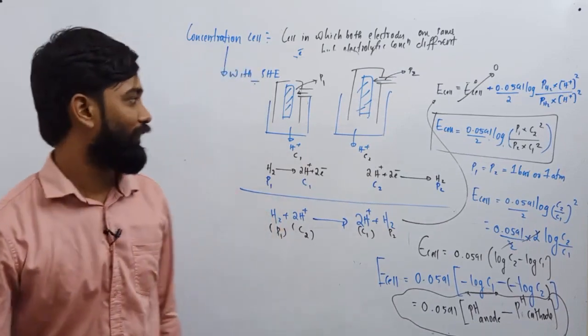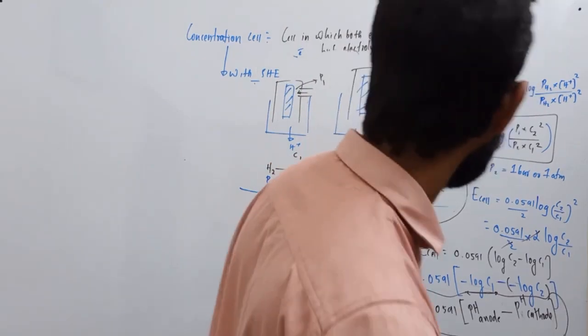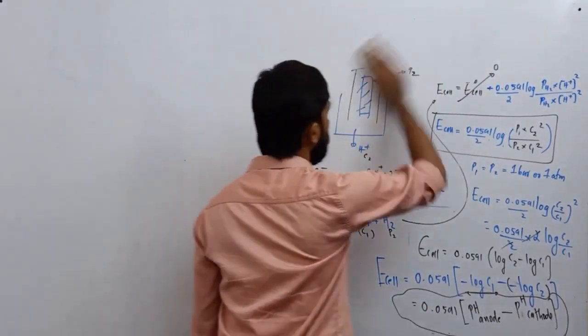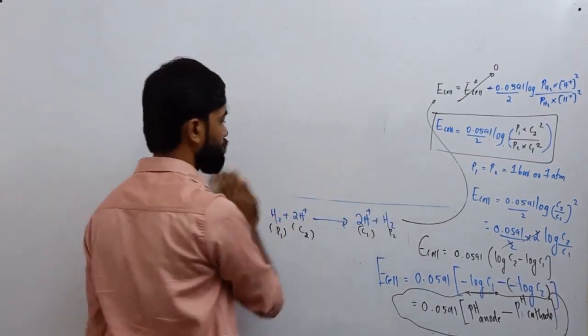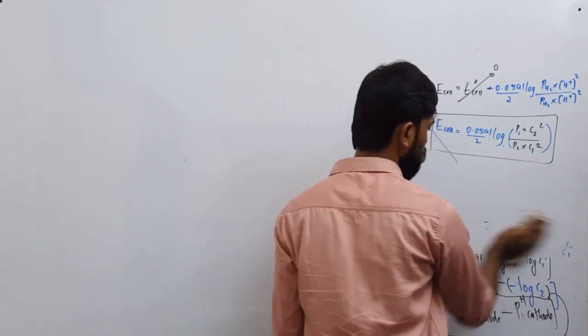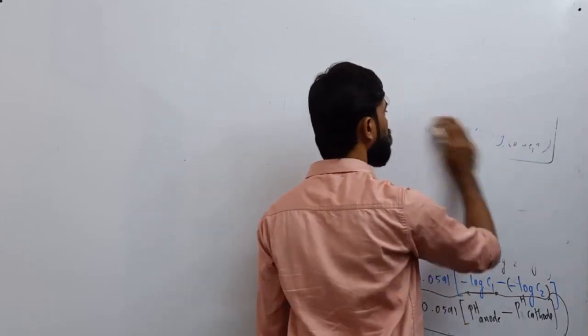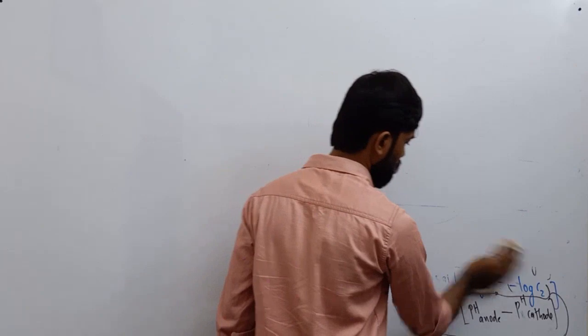Okay, fine. So that's all about the Nernst equation question. Ready? Okay. So these equations you have to keep in your mind. These relations which are boxed in front of you, you have to learn by heart very well.